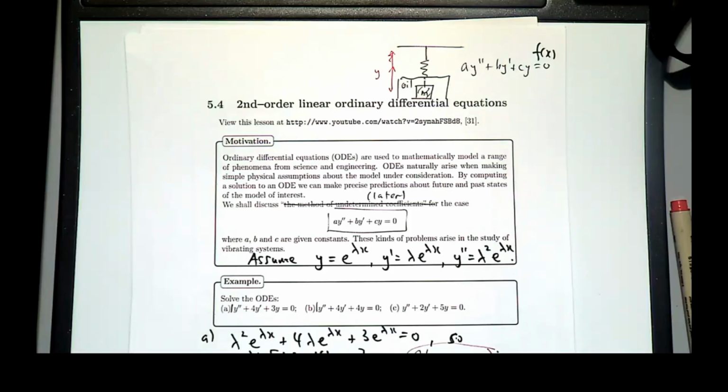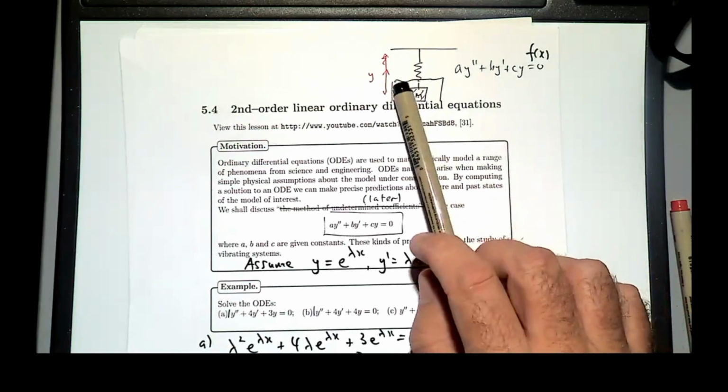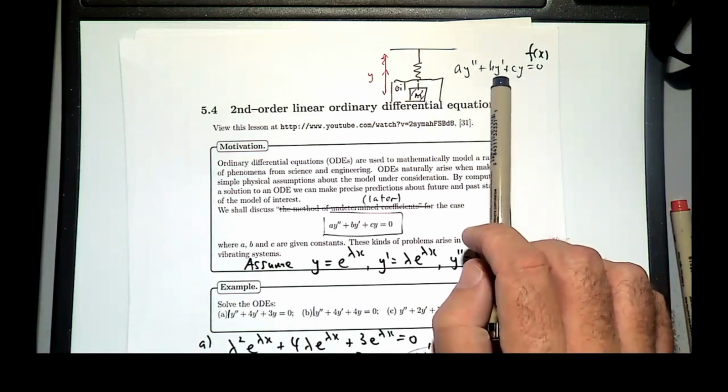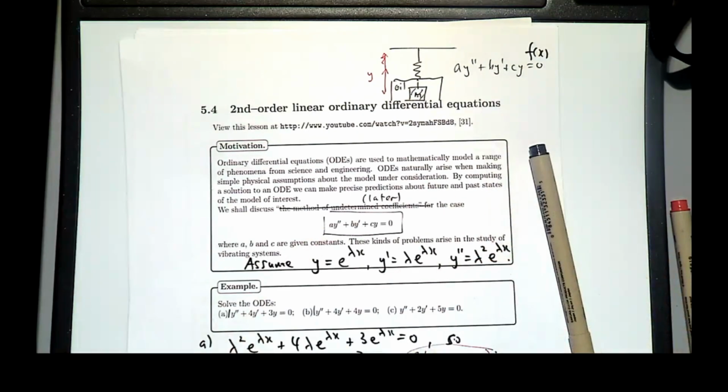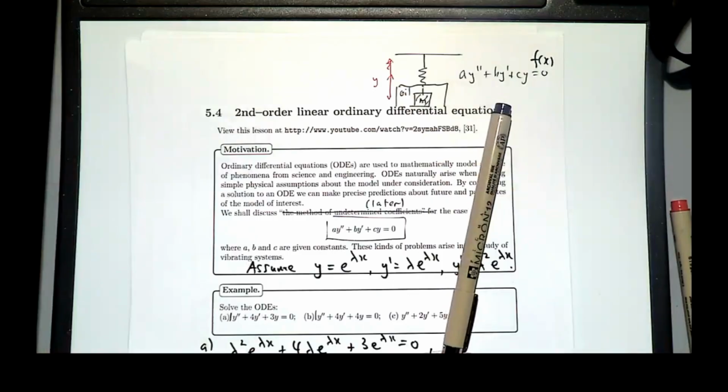Now, in this model, A, B, and C have some physical characteristics and some physical interpretation. So, y represents the position, y dash represents the velocity of the mass, and A would represent the mass, the actual value.